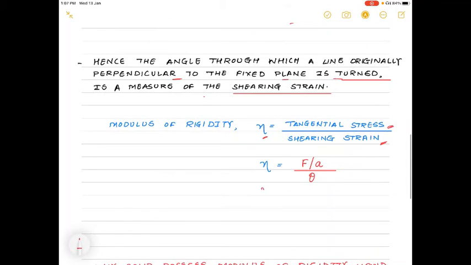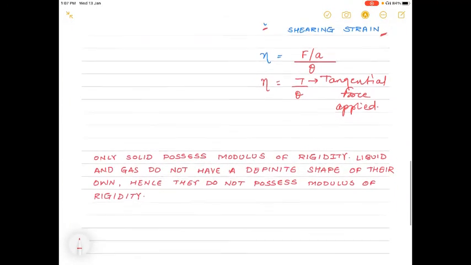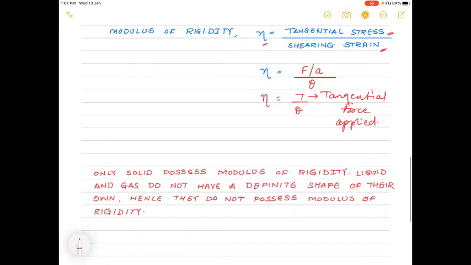So eta will be equal to capital T upon theta, where capital T is the tangential force applied per unit area.